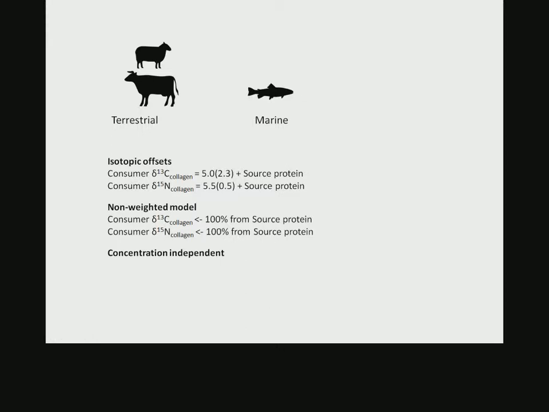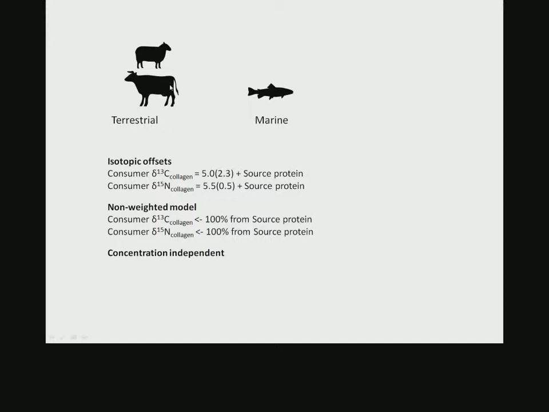We had carbon and nitrogen isotopic values measured in the collagen, extracted from bone from these humans. These food groups only had one fraction. Only one fraction was considered, I should say, and that was protein.